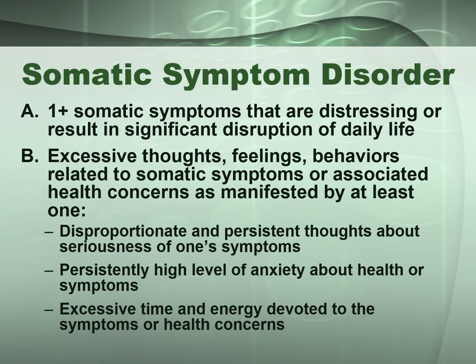One, disproportionate and persistent thoughts about the seriousness of one's symptoms. Two, persistently high levels of anxiety about their health or their symptom. Three, excessive time and energy devoted to the symptoms or the health concerns.